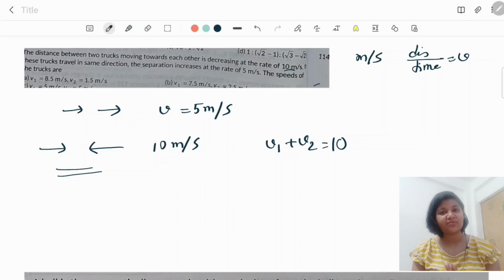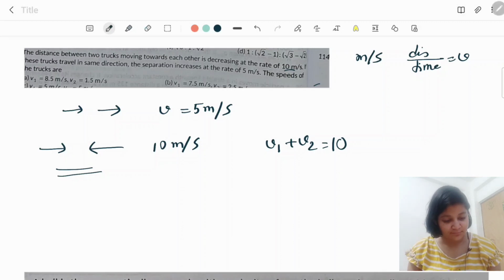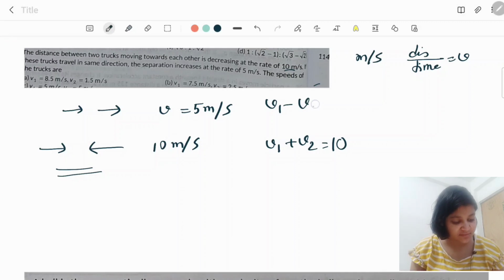On the other hand, when both are traveling in the same direction, their speeds are subtracted. If he is moving at 80 kmph and you are traveling at 70 kmph, he will not seem that much faster to you. So when they are traveling in the same direction, their velocities are subtracted from each other.